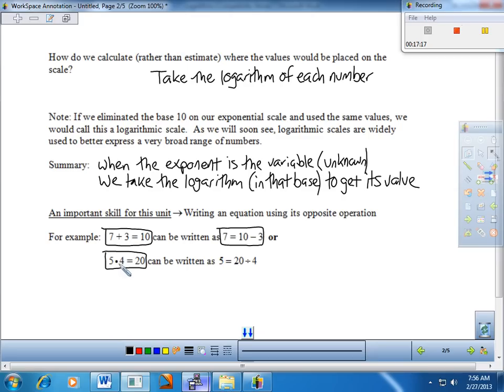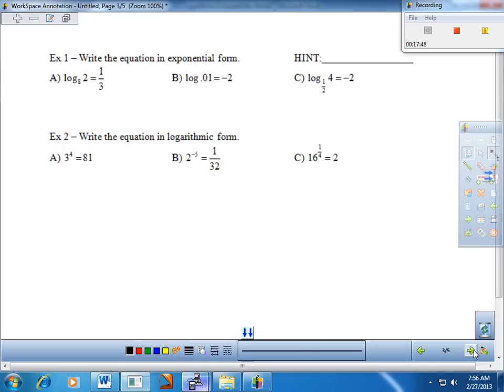It moves from multiplication to division, right? And there it is, now it changed to division by 4. So, two equations written with opposite operations, and they mean the exact same thing. We're going to do the same with logarithms and exponents. And so let's go get the back.